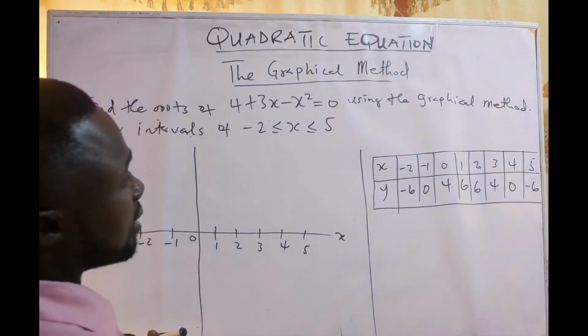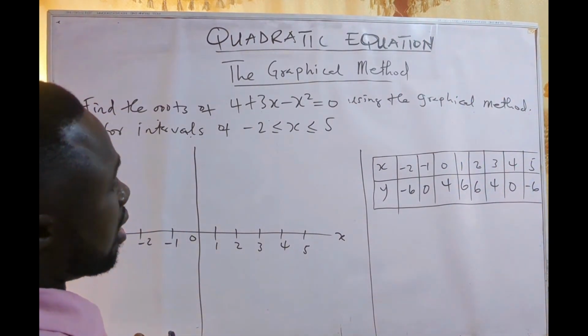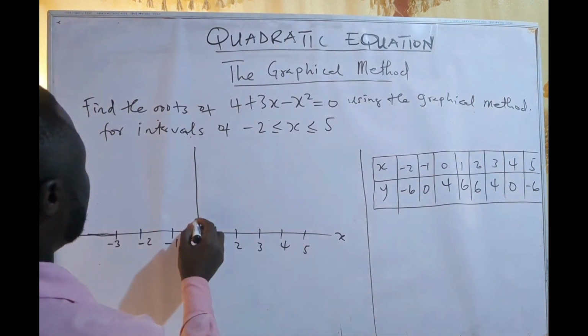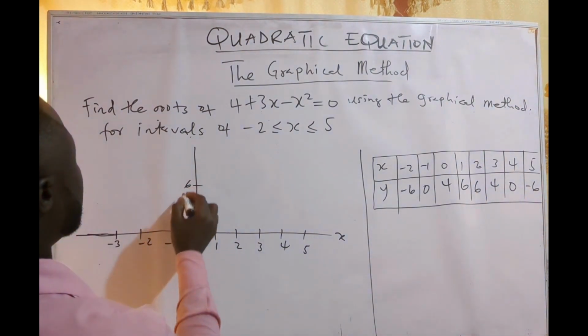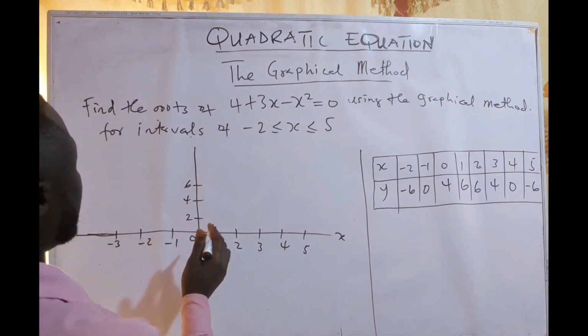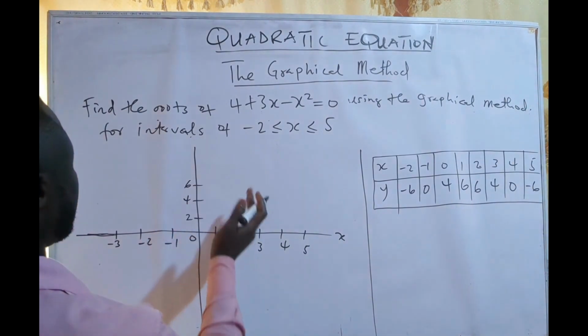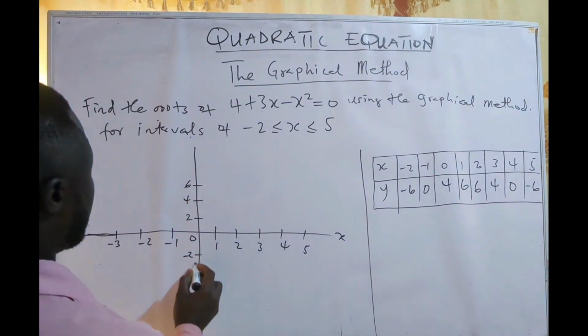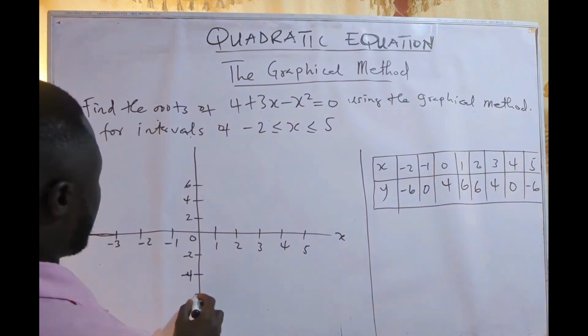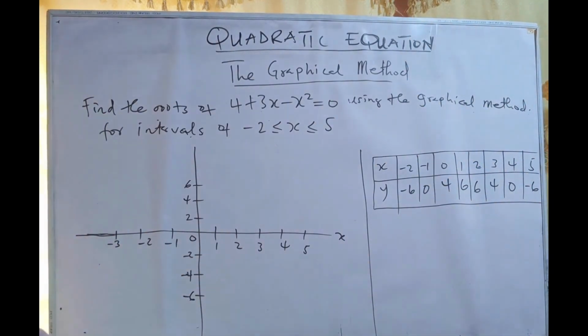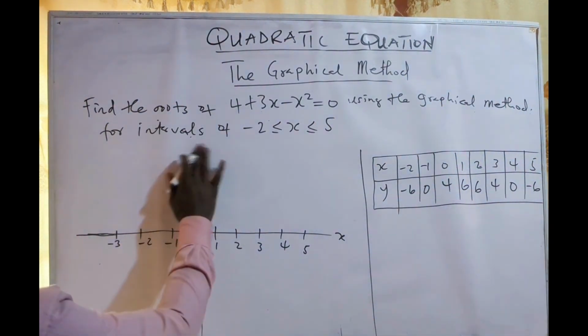On the y-axis, let me use 2, 4, and 6, and then negative 2, negative 4, negative 6. That is fine. Okay, so this is my y-axis.